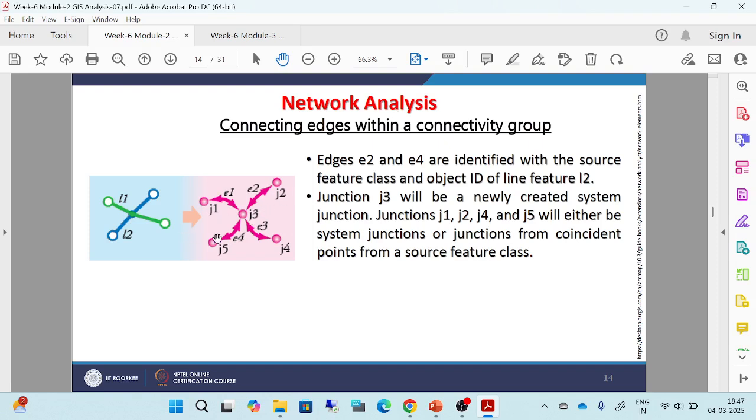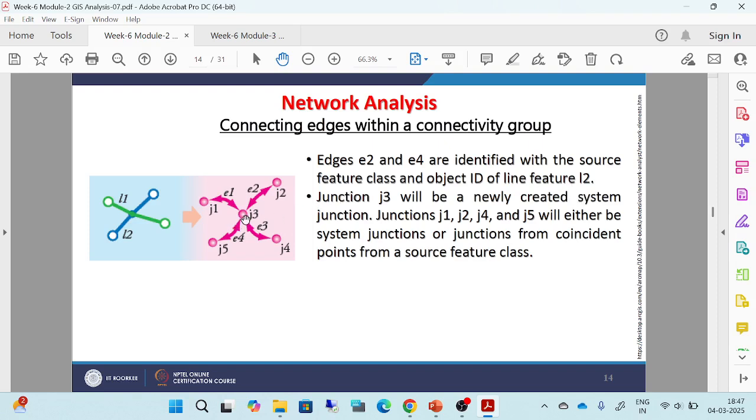The edges E2 and E4 are identified with the source feature class and object ID of line feature L2. So what we are trying to convey is that when you involve a vertex or a point between two lines in a map, and then look at the attribute table, E1, E3, E2 and E4 come under their respective line features.